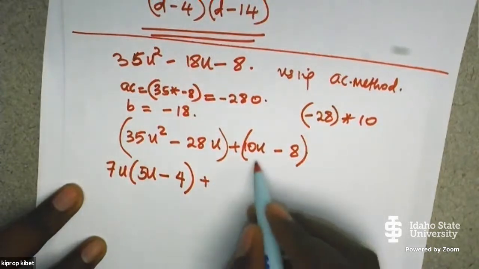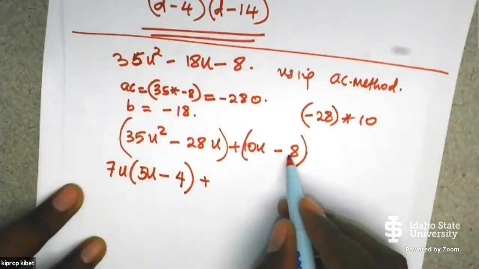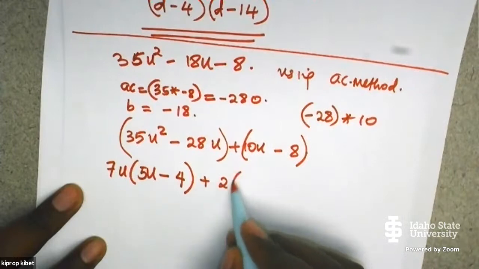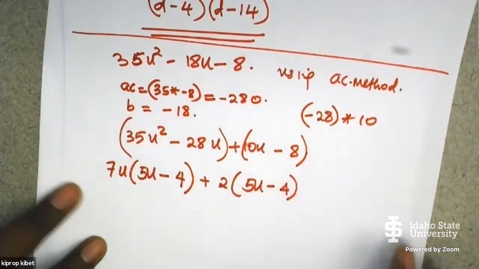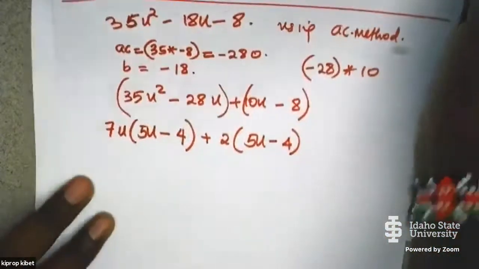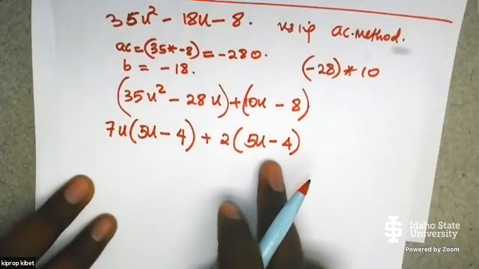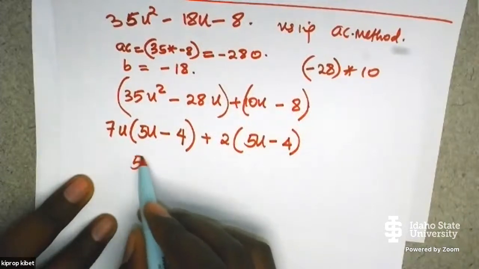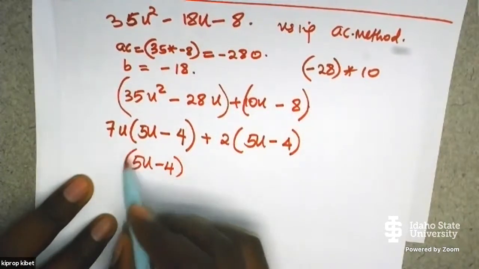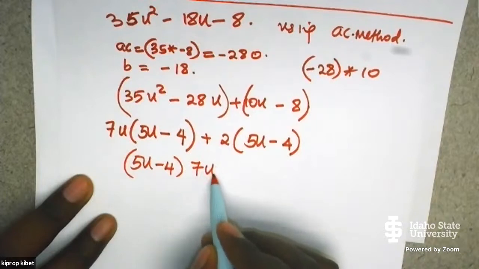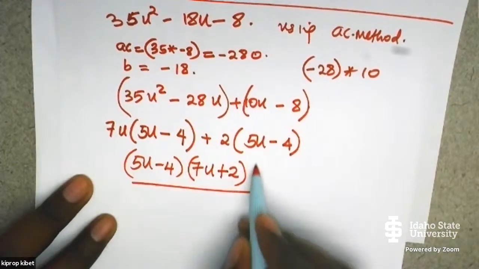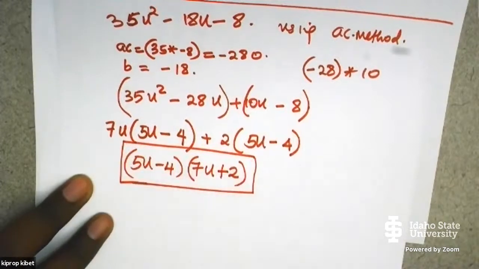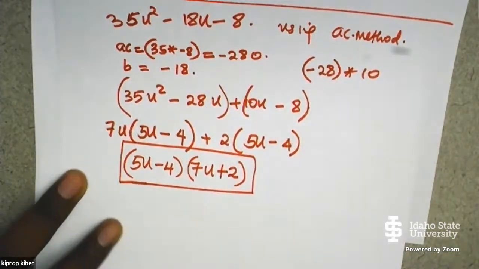Plus, what is common here again? 2. 2 times 5u minus 4. Again, looking at this, what is common? 5u minus 4. What remains is 7u plus 2. Any question after that?